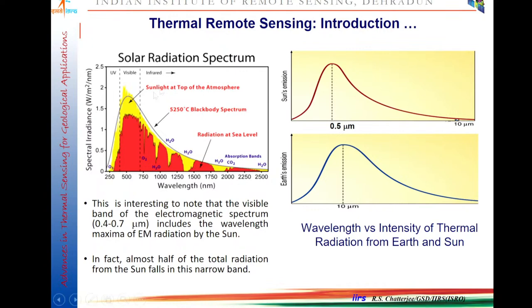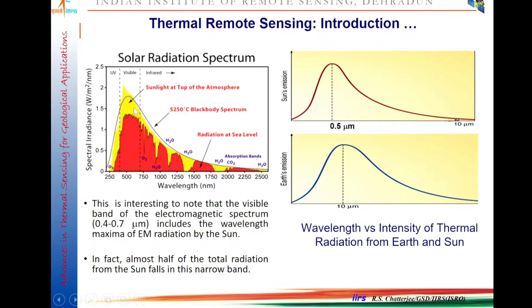Now coming to thermal remote sensing of the sun and the Earth, in the illustration on the left side, this is the solar radiation spectrum given in yellow shade, at the top of the atmosphere. But the solid black line is basically the spectrum of a blackbody at 5250 degrees Celsius.